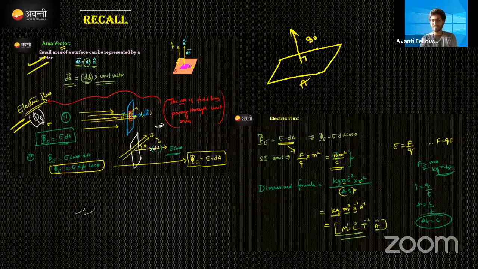This is one fixed area. Here 5 electric field lines are moving, so the flux we got is 5A. If I change the area, keeping it much bigger, now tell me whether the flux is decreasing or increasing.